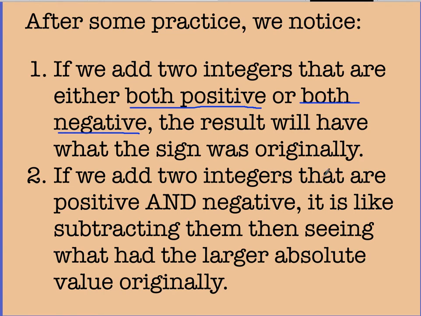If we add two integers that are positive and negative, so we have different signs, it is like subtracting them, then seeing what had the larger absolute value originally. So remember this, come back to this when you need to because we'll see some examples and make sense of these statements here.